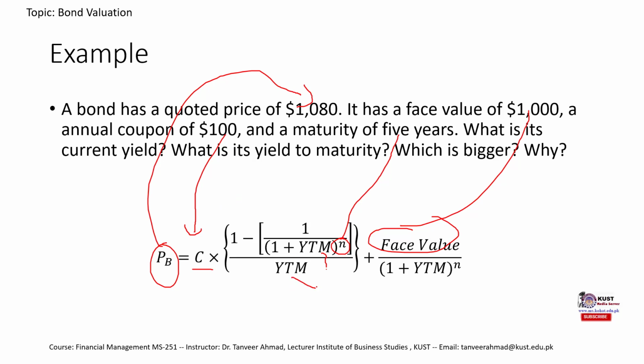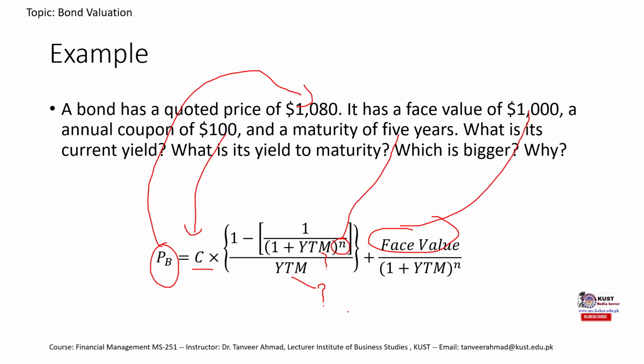So in the previous discussion of zero coupon bond, we could estimate that directly from the formula, but in this case, because there is more than one unknown variable, we have to use some other method to estimate this YTM. So how would we do it?